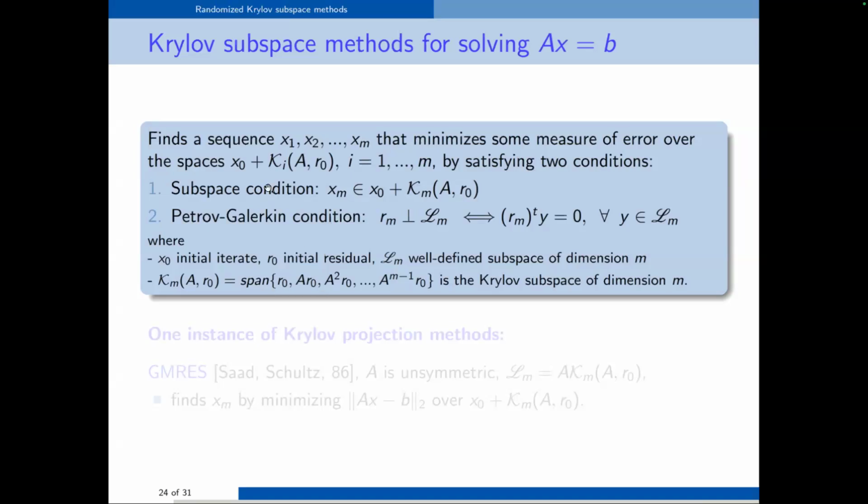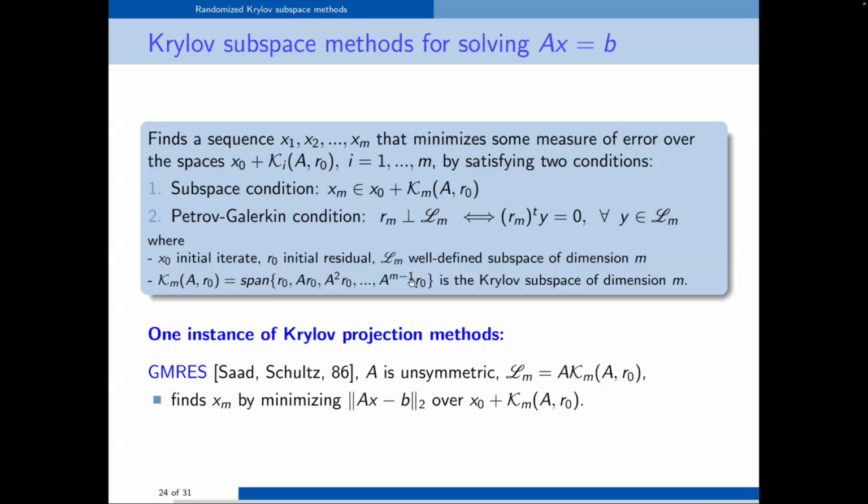We impose two conditions, the subspace condition and the Petrov-Galerkin condition, so we impose that the residual is orthogonal to a well-defined subspace. For example, if you use GMRES, then this subspace will be A multiplied with the Krylov subspace, and GMRES will find the solution by minimizing the residual over x0 plus the Krylov subspace at a given iteration.